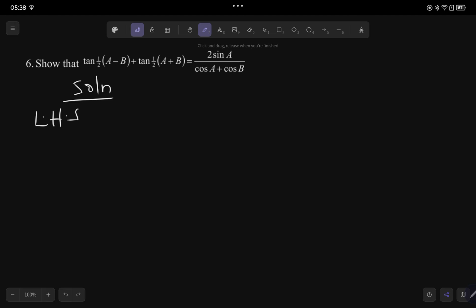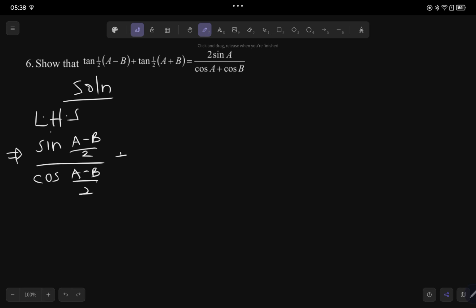So what we know is that tan of half a minus b is the same as saying sin of a minus b over 2 over cos of a minus b over 2, because tan is sine over cos.